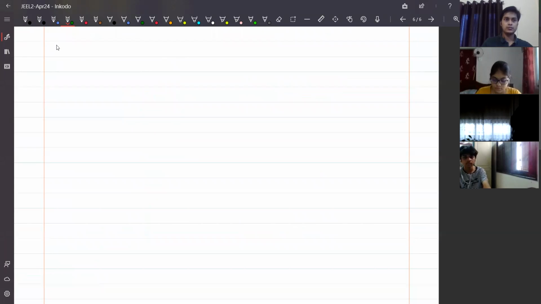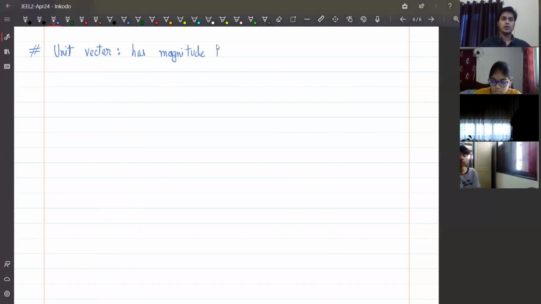And if you want to find the unit vector along any direction, a unit vector has a magnitude of 1. Suppose there is any vector r written as x i cap plus y j cap plus z k cap.